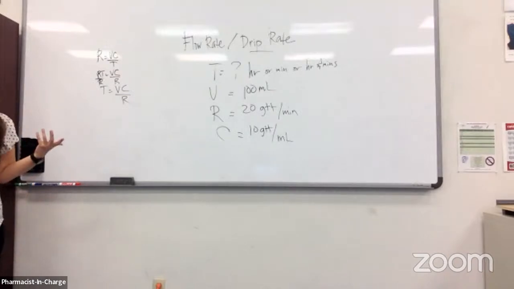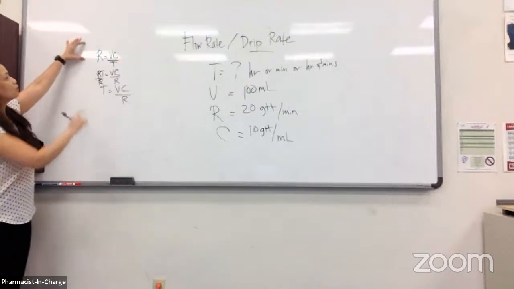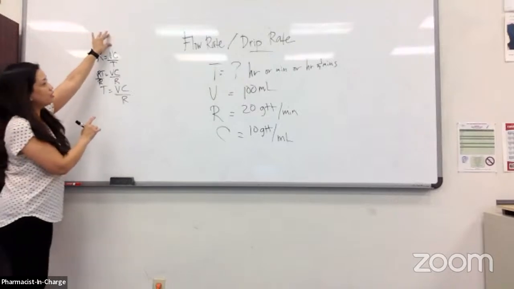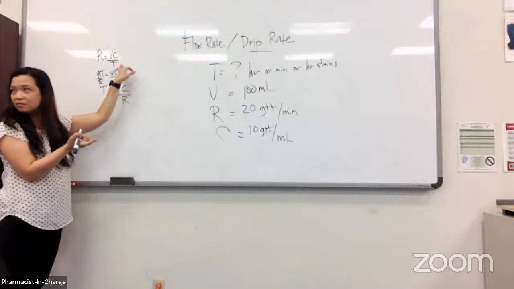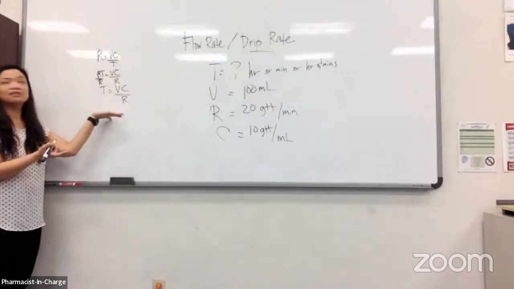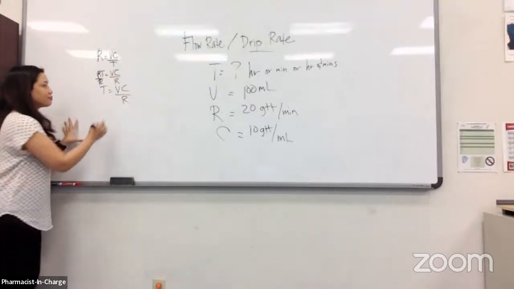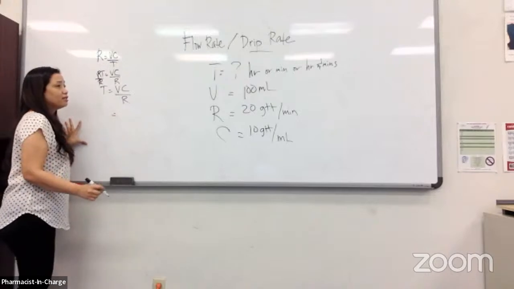Because I did the formula on the side? Yeah. Because if I don't, I'm going to have to put the 20 here, the 100 here, the 10 here, and I'm going to have the X at the bottom. So I just did this. Easier, right? So now I can plug in the numbers.